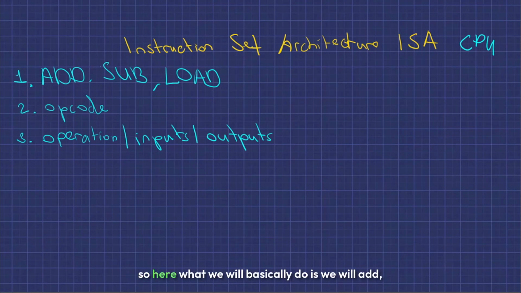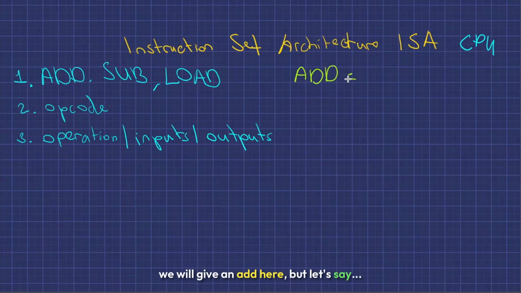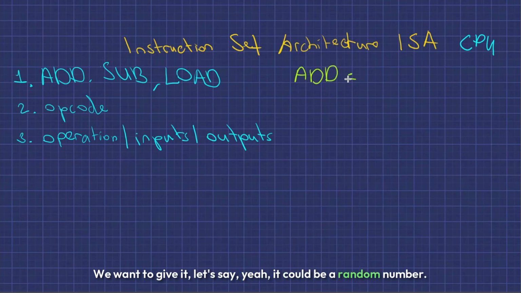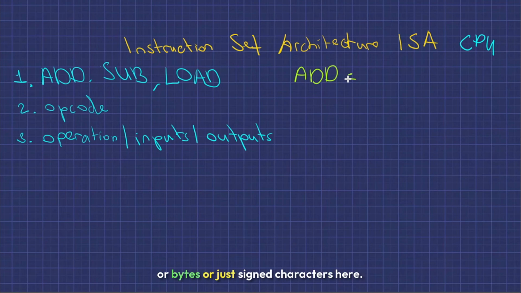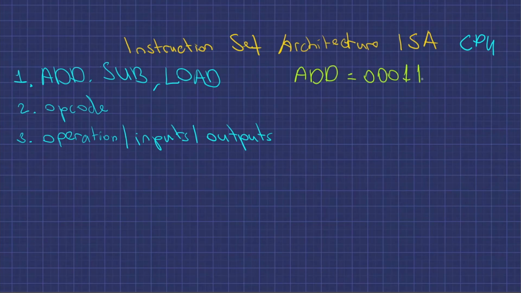So here what we will basically do is give an opcode to add. It could be a random number. It is not obligated to use bytes or signed characters here. So we can use 7 bits: 0 0 0 1 1 1 0.